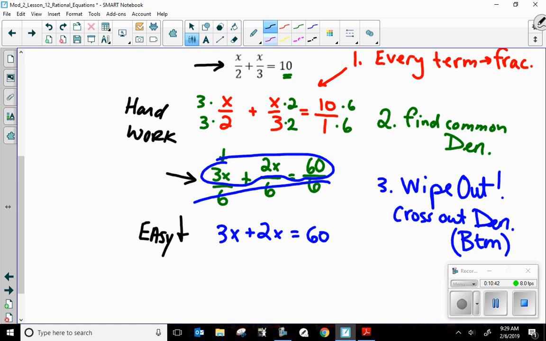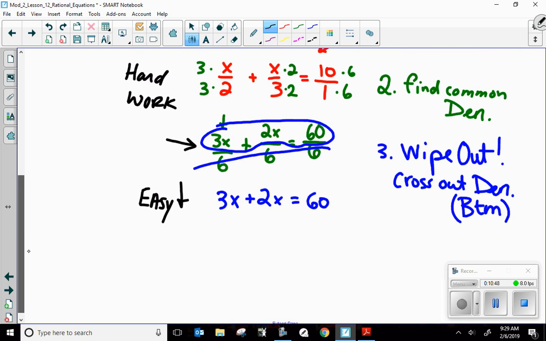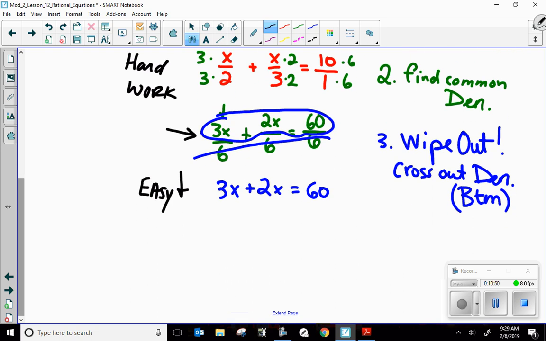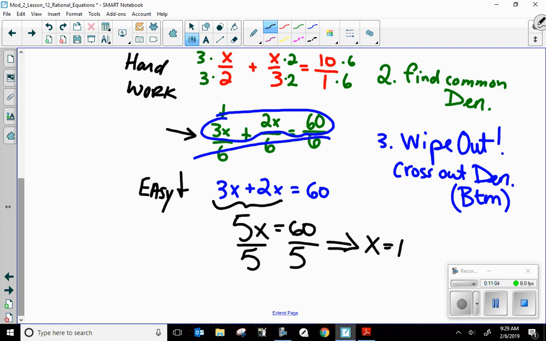Finding the common denominator is the hard work, but we're going to try to make that a little easier. We'll go over these things so they sound easy, then when you do them alone, you might say, I can't do that. Don't worry, you can. So I'm going to combine these: 3x and 2x is 5x equals 60, and I divide by 5. When everything's all said and done, x equals 12.